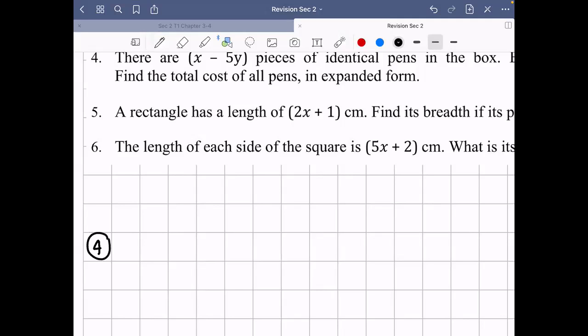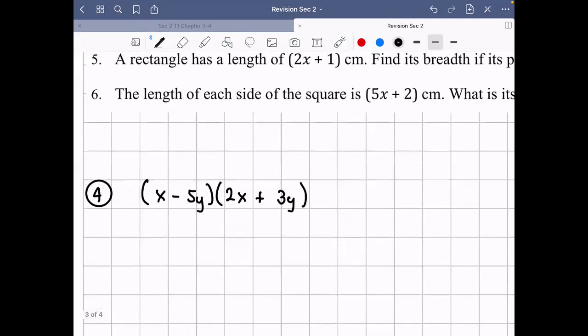So for number 4, we have x minus 5y times 2x plus 3y. Okay, so what do we need to do? We just need to multiply this with this. So it gives us what?